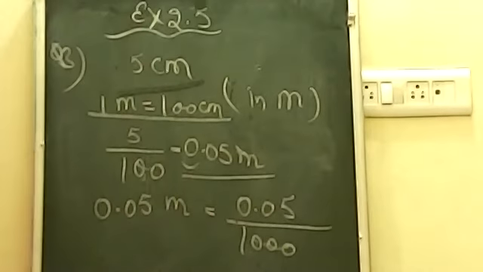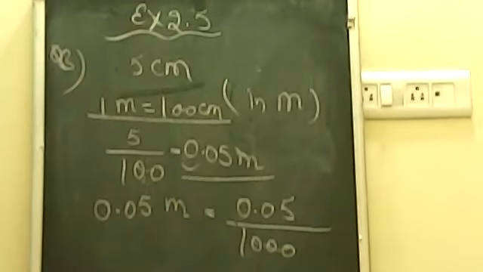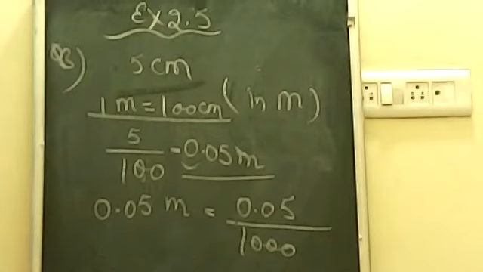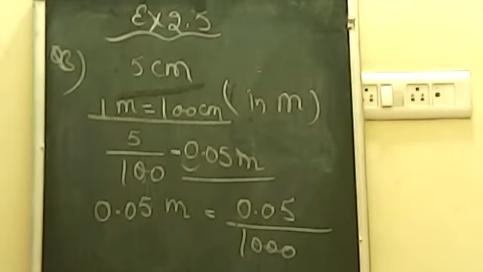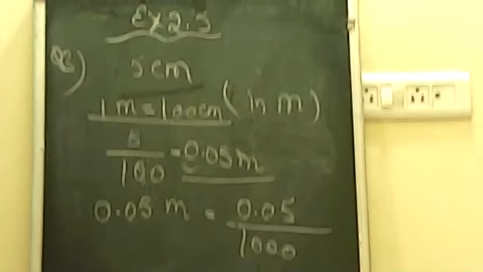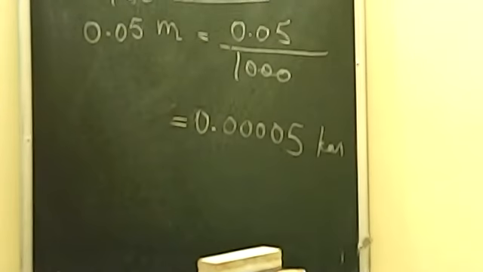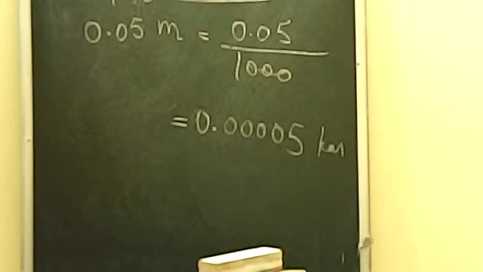Before 2 places it was already placed. 3 zeros more you are dividing, so it will include 3 more zeros into it, so it will give you 0.00005 kilometer. Finished.